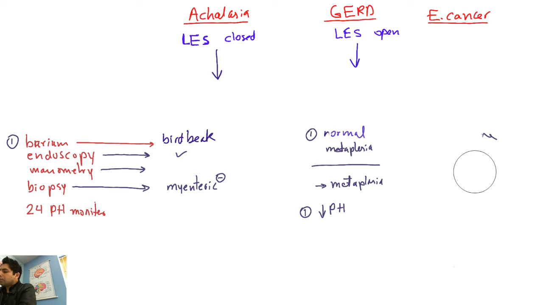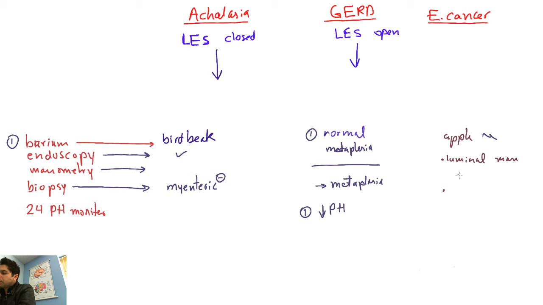Esophageal cancer now. Of course, you're going to see apple core on barium. When you do endoscopy, what would you see? Luminal mass. Very good. Rough-looking luminal mass. And then you will do biopsy.